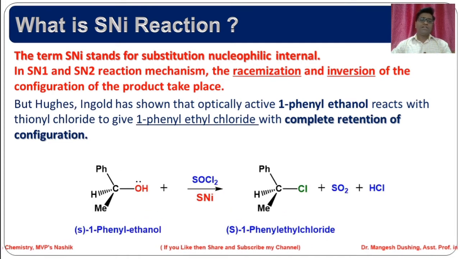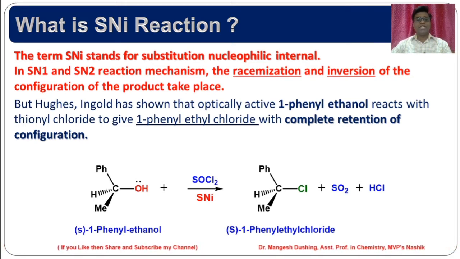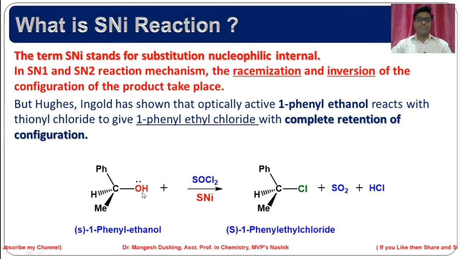For example, S-1-phenylethanol, if we react it in the presence of SOCl2, it will give us S-1-phenylethyl chloride. So the stereochemistry is not going to change.